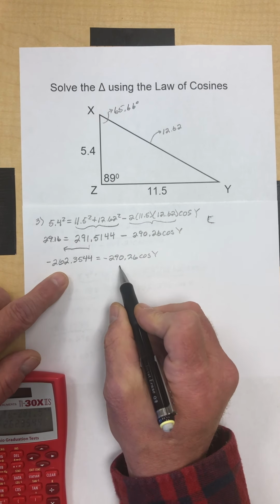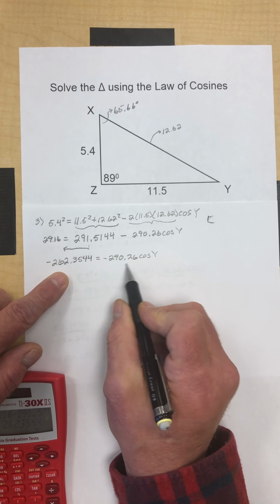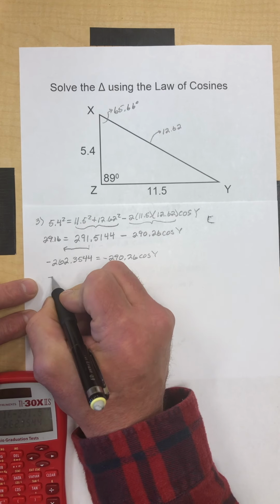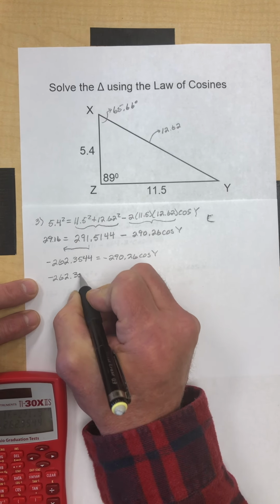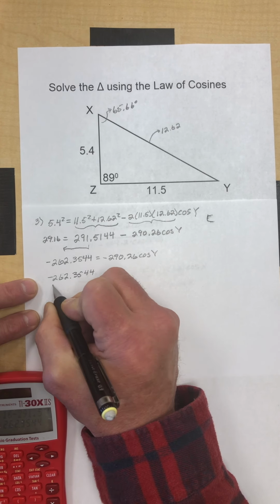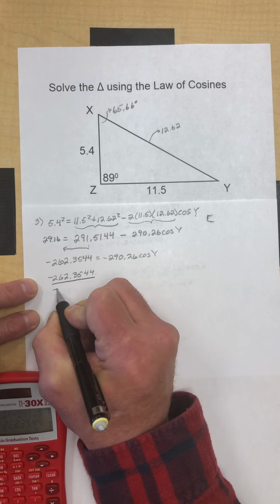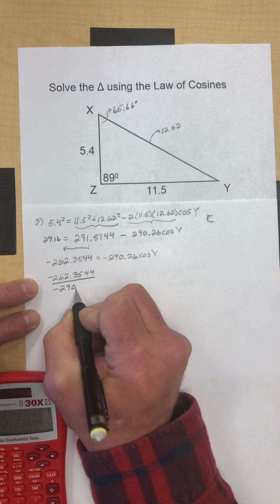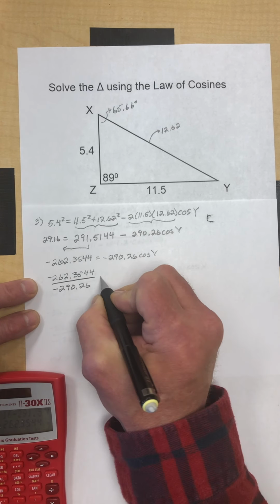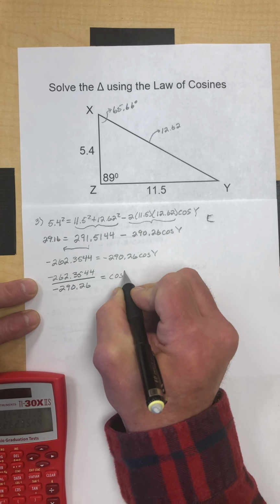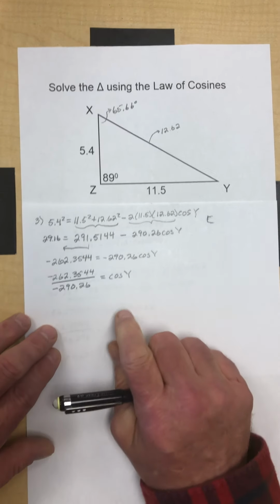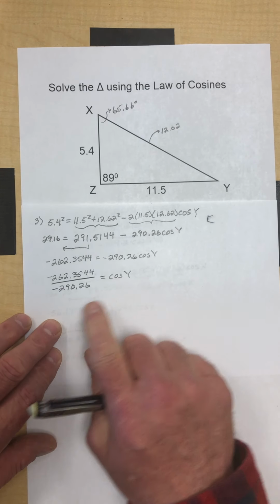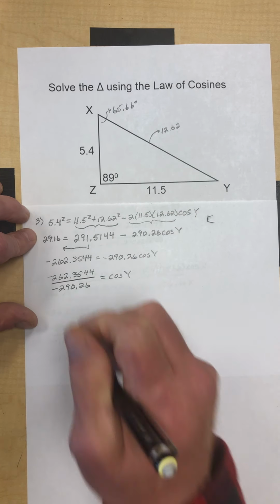So I'm going to have to divide both sides by this negative 290.26. So I get a negative 262.3544 divided by a negative 290.26 equals the cosine of angle y. Okay, so if that's the case, that means the measure of angle y has to be cosine inverse of this ratio.